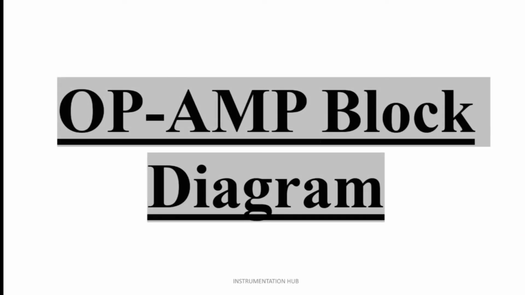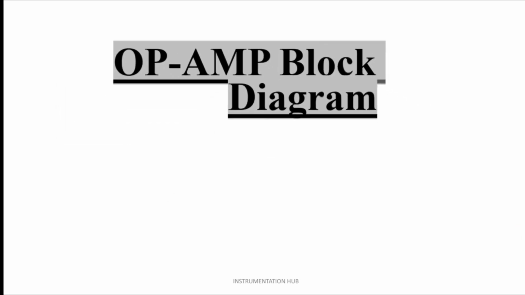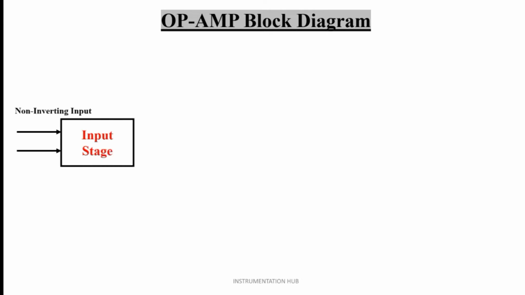So, let's begin. An OPAMP is a multi-stage amplifier, so we can represent the block diagram of the OPAMP in 4 stages. It basically has 4 stages. The input stage, which will have 2 inputs, one non-inverting and another inverting. The next stage is an intermediate stage.